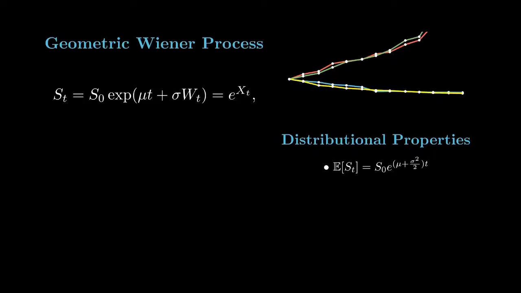Of course, we can calculate that from the property of logarithmic distribution. The expectation of S t, or the expectation of the geometric Wiener process, is given by this expression. Also, the variance is given by this expression.